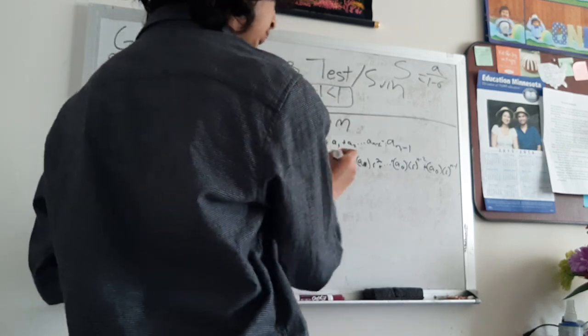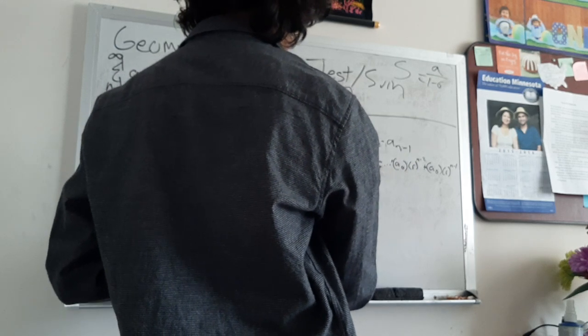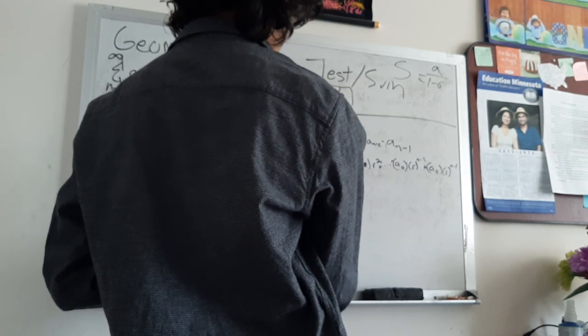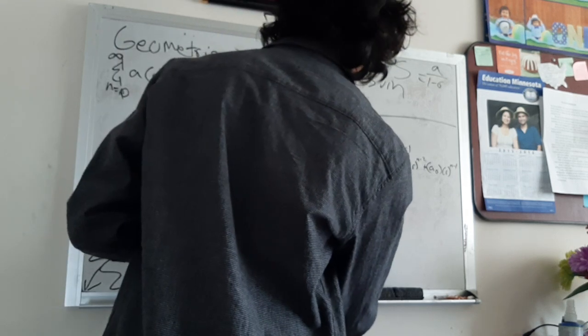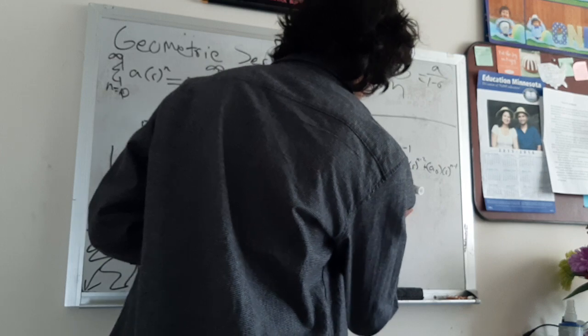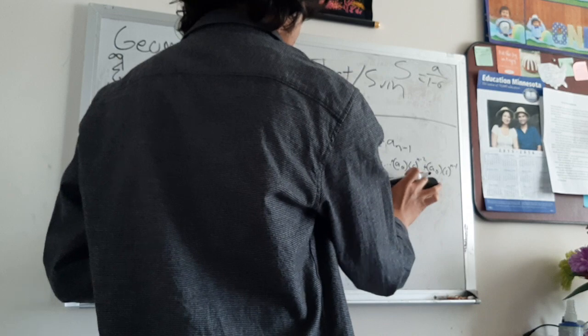So here we have these values, and let's try multiplying it by r. If we multiply it by r, what we'll get is a naught r plus a naught r1 plus a naught, or no, that won't be r1.